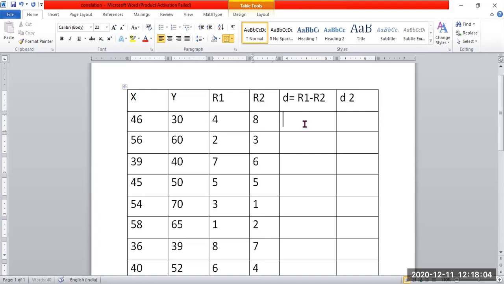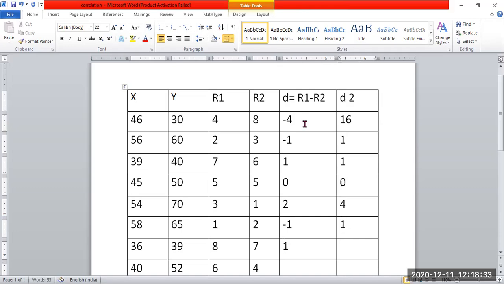Can we move on to subtraction? 4 minus 8 is minus 4. The 4 square is 16. Minus 1, 1 square is 1. There is a 1, then 1 square is 1. 0, 0 square is 0. 2, 2 square is 4. Minus 1, 1.